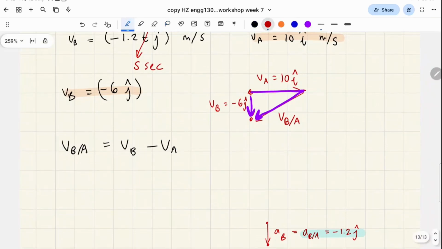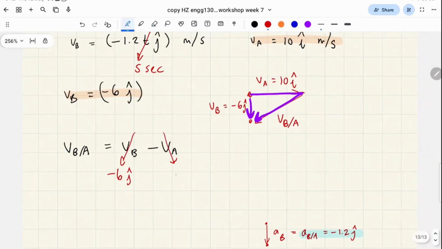So basically, we're going to sub in this value for VB, and we're going to sub in this value for VA. The reason I've done it in terms of unit vectors is because they're not going in the same dimension, right? You can't subtract the numbers directly. You have to subtract them as if they're vectors. So you have a vector in the j direction, you have a vector in the I direction.